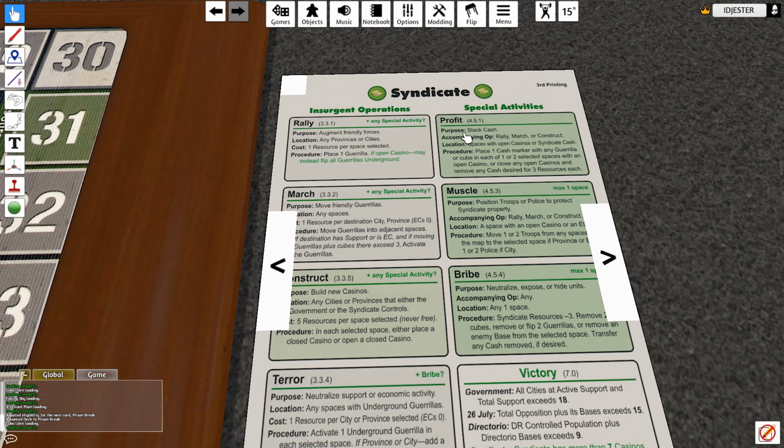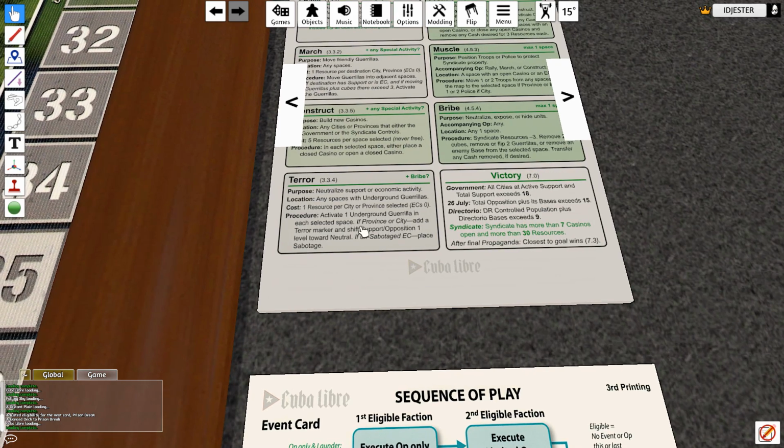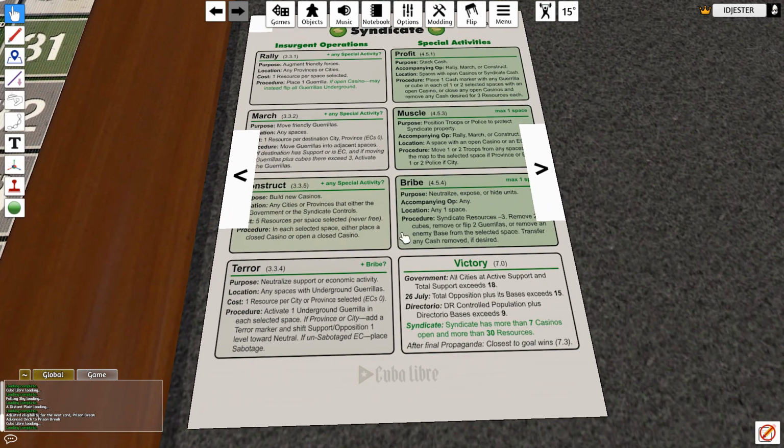With the march, you can do any of them. And with construct, you can do any of them. With terror, though, you can only bribe. So these two are linked together. But all the other three, you can do any one of them. So you can't do a terror and a muscle, or a terror and a profit.